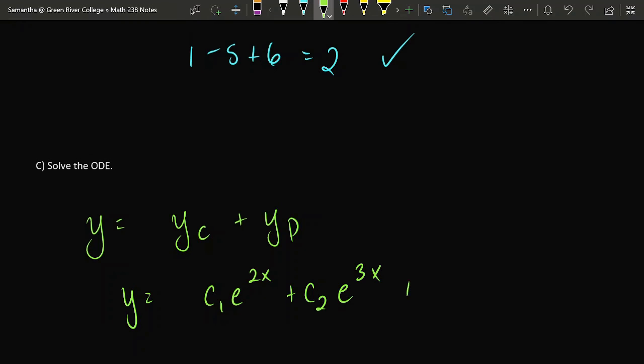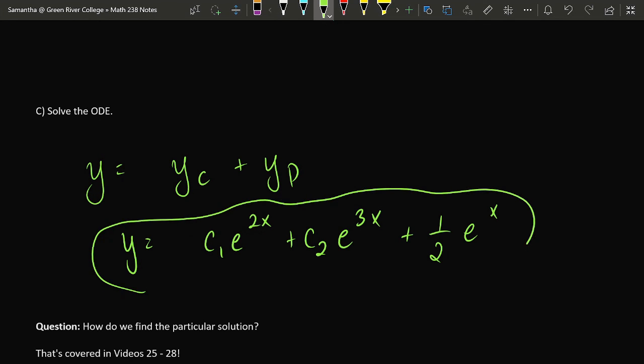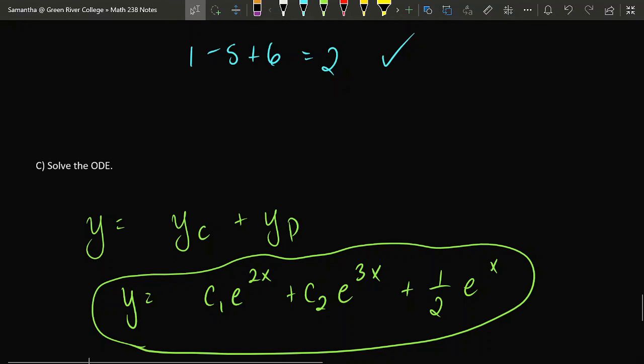And the particular solution that we checked was 1/2 e to the x. Therefore, all the solutions to the differential equation must have this format: complementary function plus particular solution.